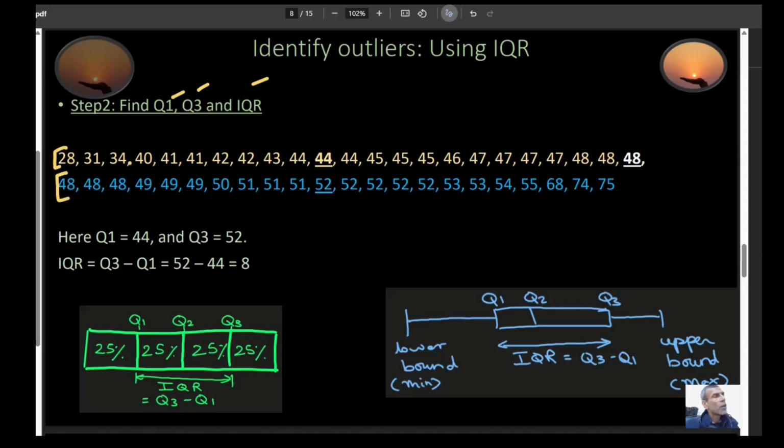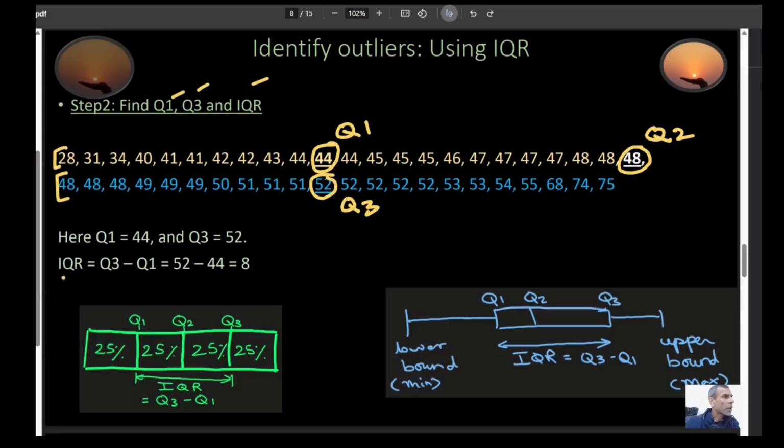Find the median of each half. The median of your lower half would be 44 in this instance, and the median of your upper half would be 52. So this is my Q1, and this one is my Q3. And by the way, the median of the whole data set is referred to as Q2.